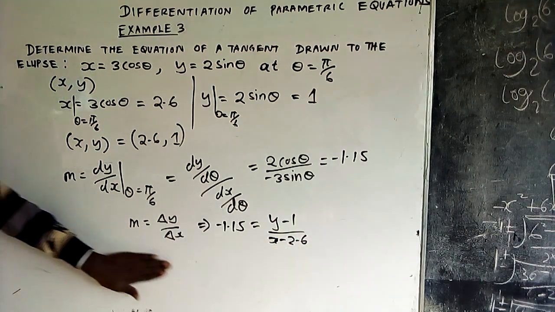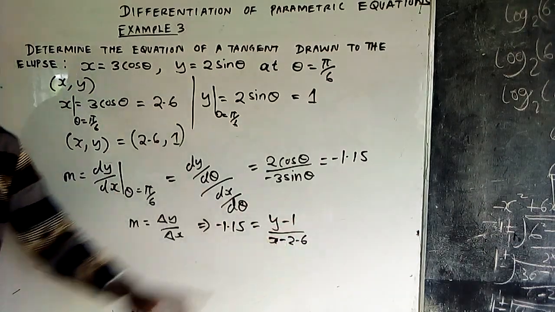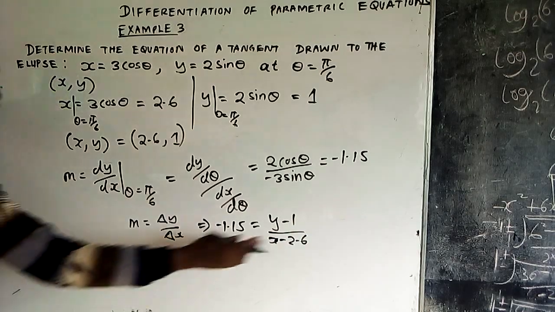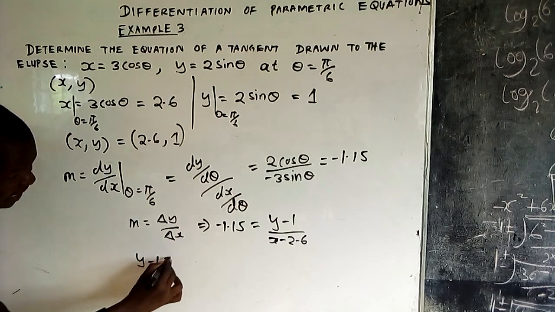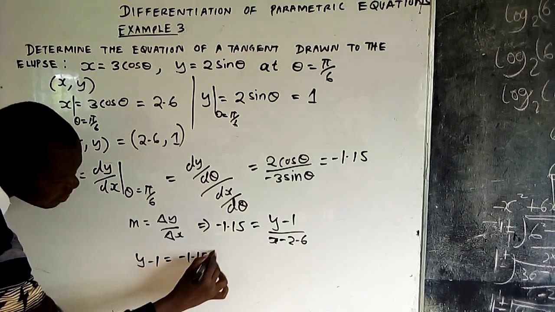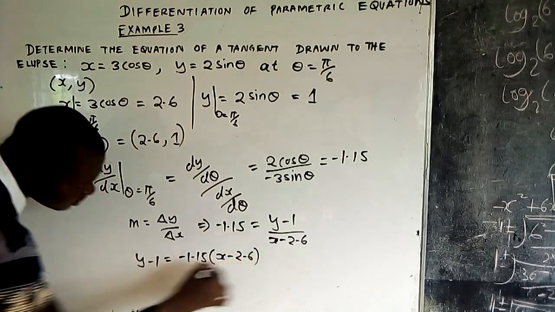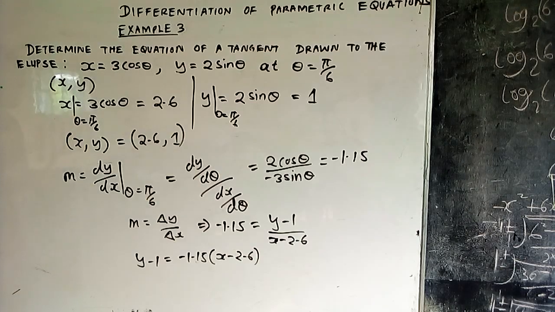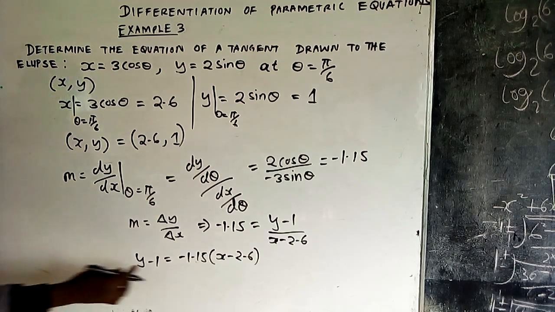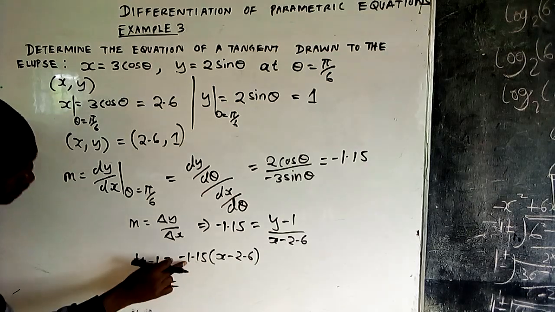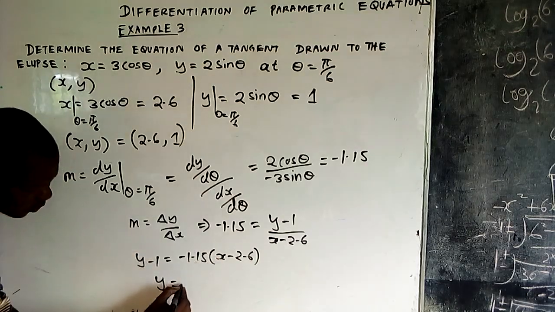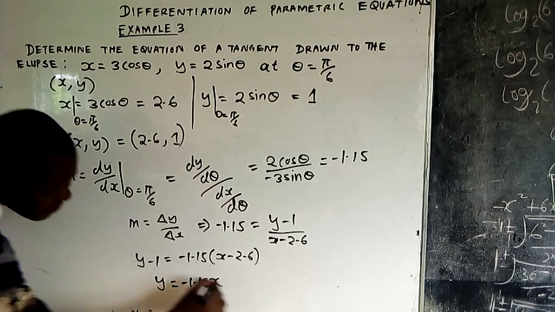So simplify, cross multiply, take this one this side, you get rid of that denominator, you get y minus 1 is equal to negative 1.15 times x minus 2.6, isn't it? Are you together? So if you take negative 1 to the other side of the equation, you get y is equal to negative 1.15x.